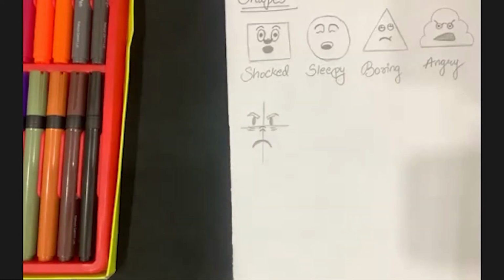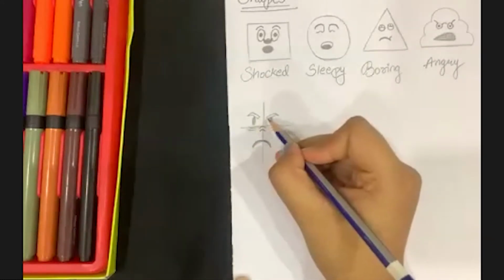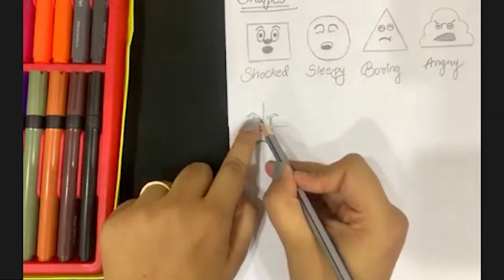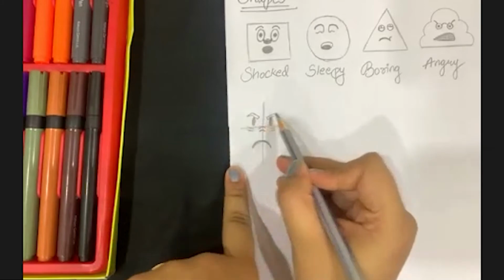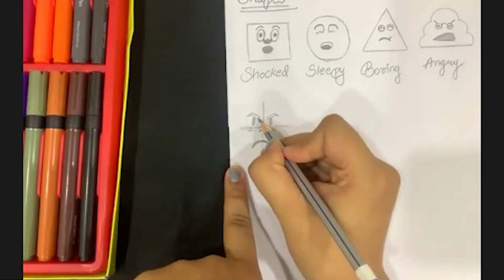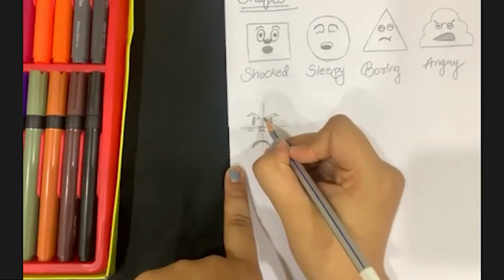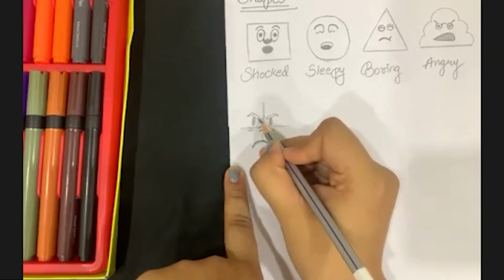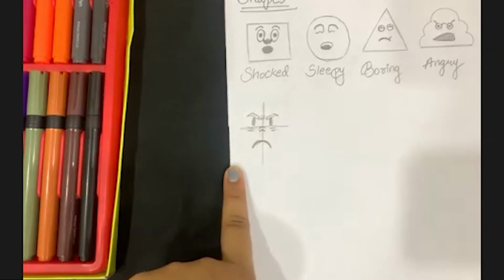And when you become angry, your both eyebrows become joined and there are some marks. So what I'm going to do is a curvy line that is facing upwards.